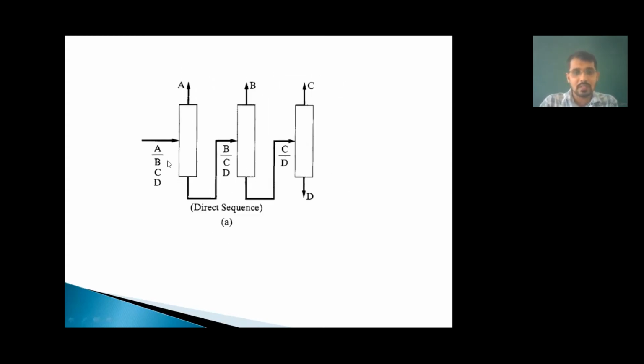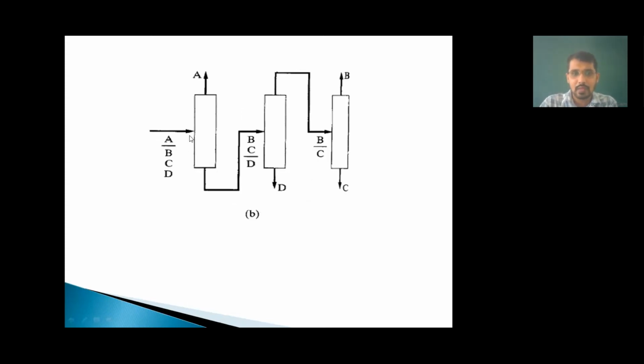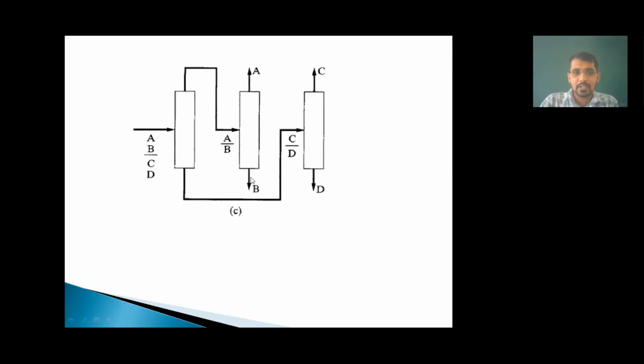In the first possible sequence, the direct sequence, we remove the more volatile component first. In the second sequence, we remove the more volatile, then the less volatile. After that, I split the mixture into binary mixtures, means this four component mixture into two parts like ABC, AB and CD, and then separate them in different distillation columns.